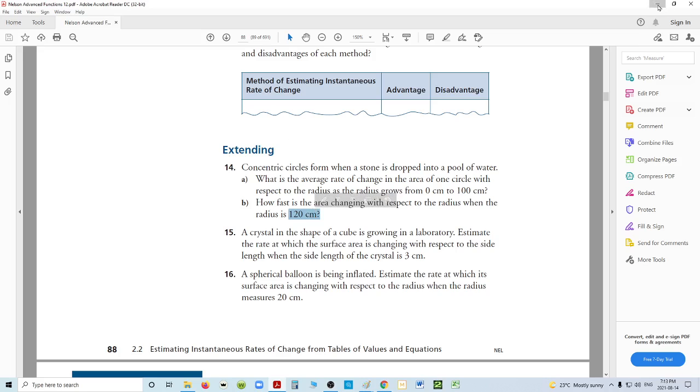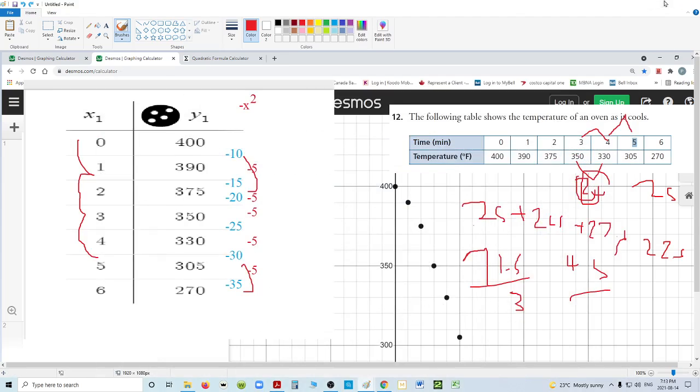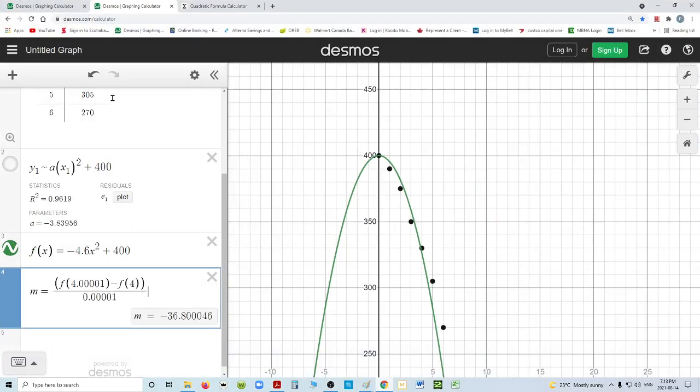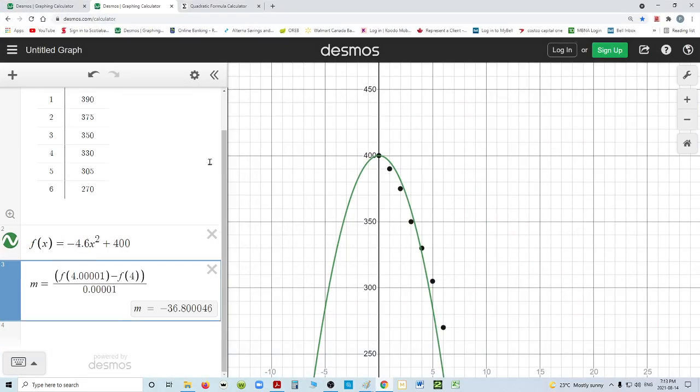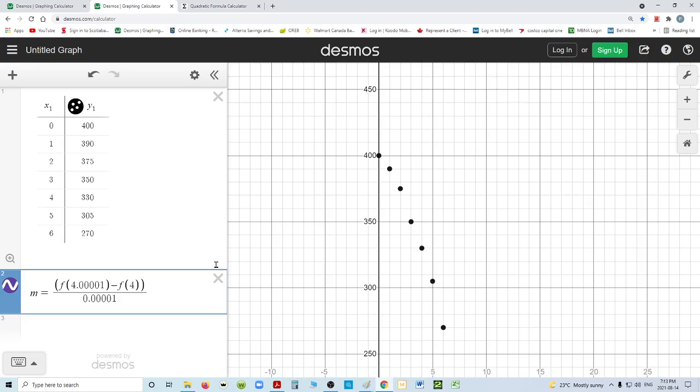So if you look at it in a formula, and this is probably your best bet, you should look at it like this.